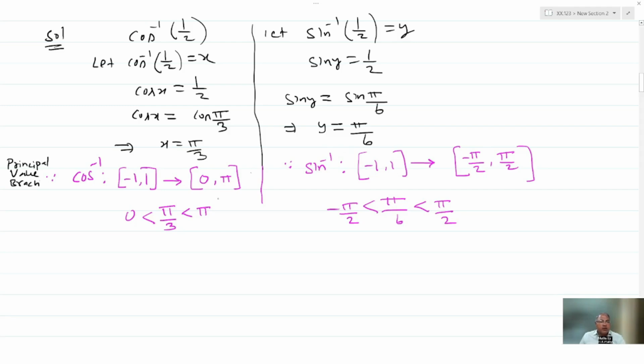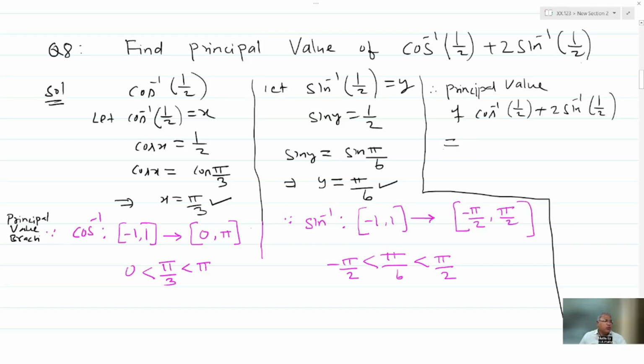We got the x value, x equals pi by 3, which is greater than 0 and less than pi. Therefore x equals pi by 3 is the principal value of cos inverse of 1 by 2, that is accepted. Similarly, y equals pi upon 6, which is greater than minus pi by 2 and less than pi upon 2. Therefore y equals pi by 6 is the principal value of sin inverse of 1 by 2, that is also accepted.